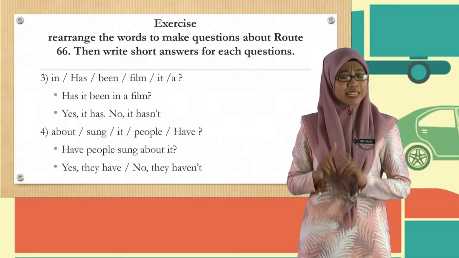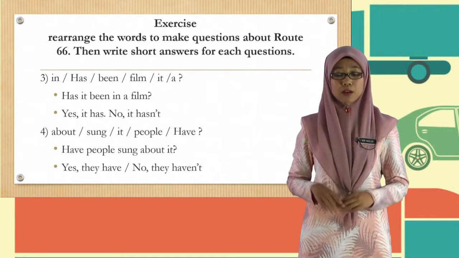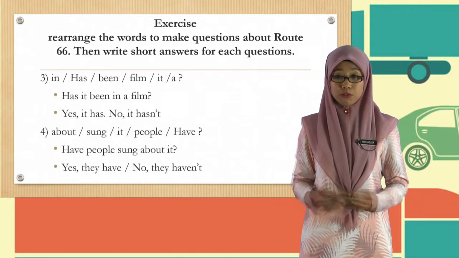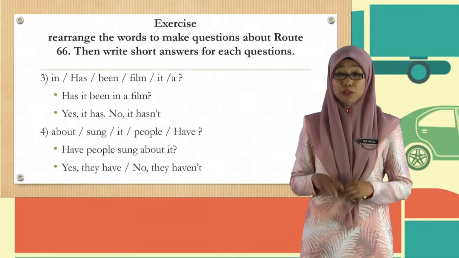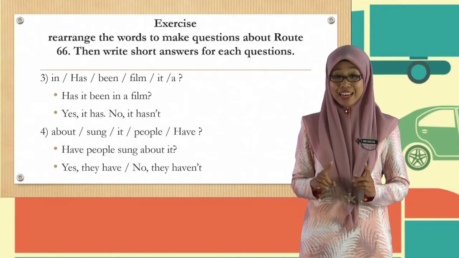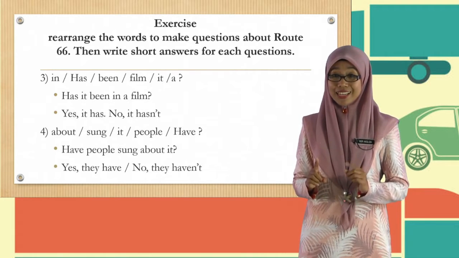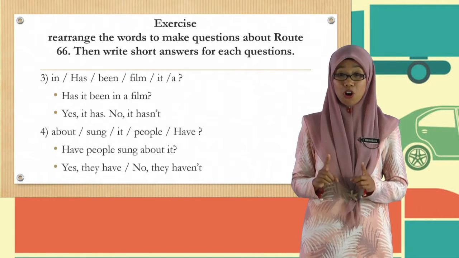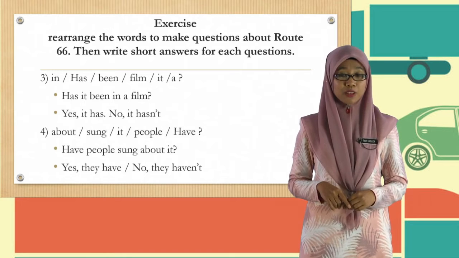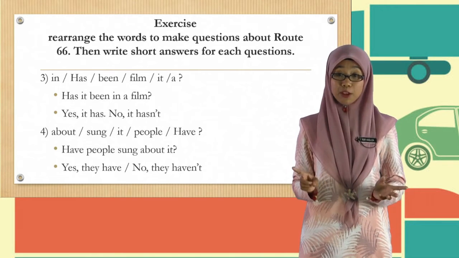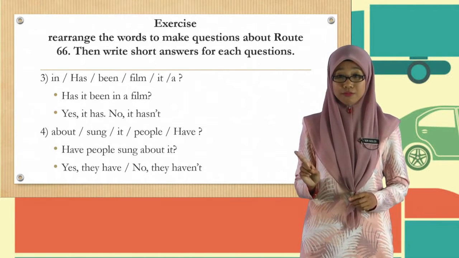But we never contract the affirmative short answers. For example, you cannot contract yes it has into yes it's, or yes they have into yes they've. They are wrong.